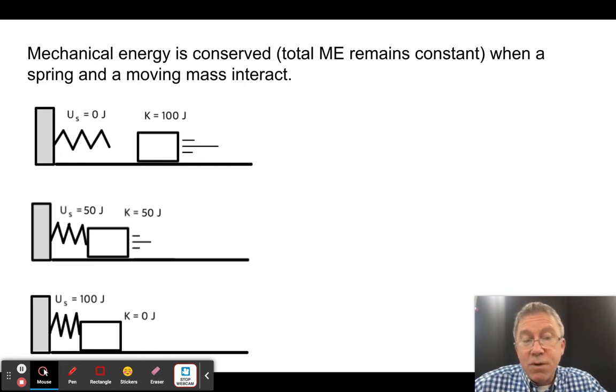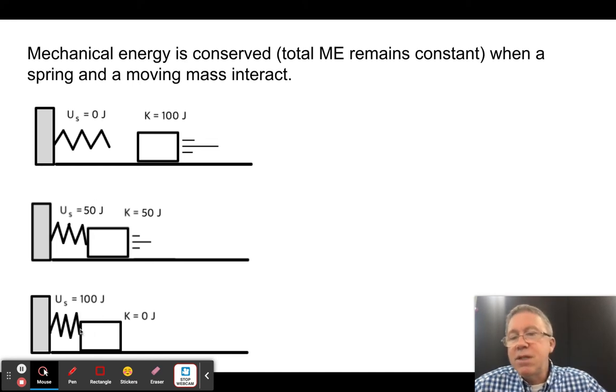But the spring force is a conservative force, meaning that it can cause energy to be stored as potential energy. So what happens is, where did that 50 joules of kinetic energy go to? It ended up, that's missing from here, it ended up as spring potential energy. The mechanical energy of the system is still 100 joules. I have 50 joules of kinetic now instead of 100, but I have 50 joules of spring potential for a total of 100.